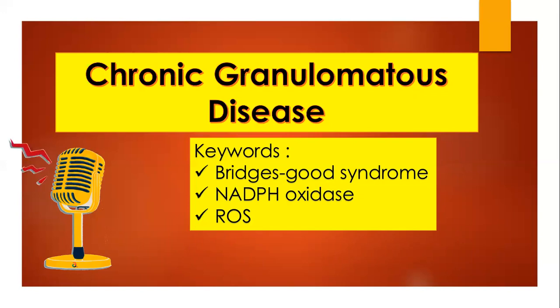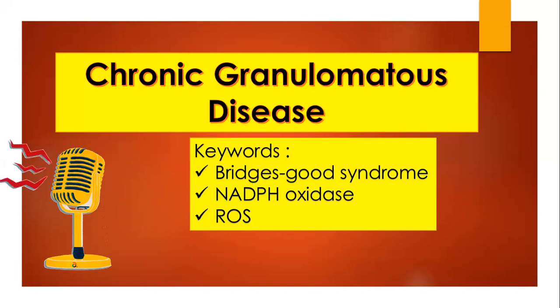So what is chronic granulomatous disease? It's a rare disease caused by mutations in any of the five components of NADPH, or the nicotinamide adenine dinucleotide phosphate oxidase in phagocytes. In chronic granulomatous disease, there is a failure of the patient's phagocytic leukocytes to kill a variety of pathogens due to defective NADPH oxidase.